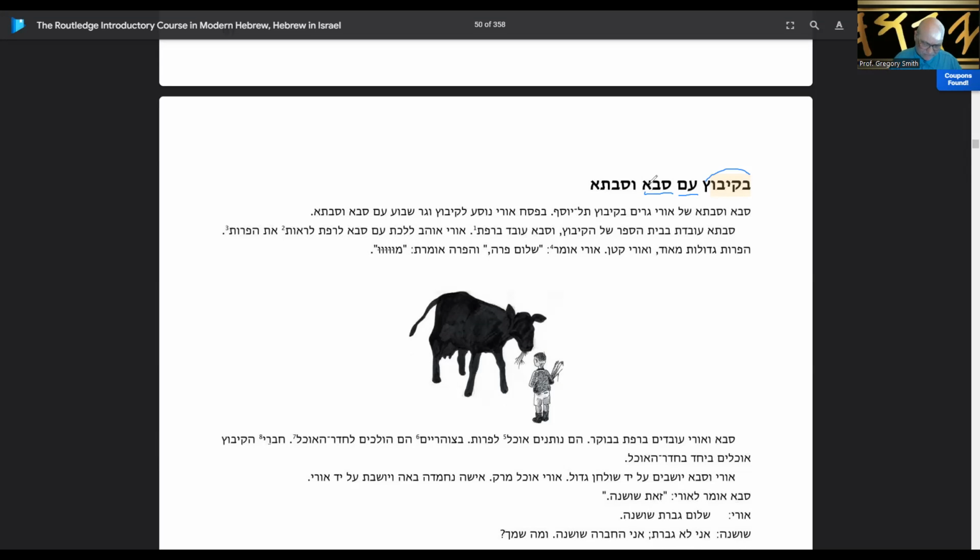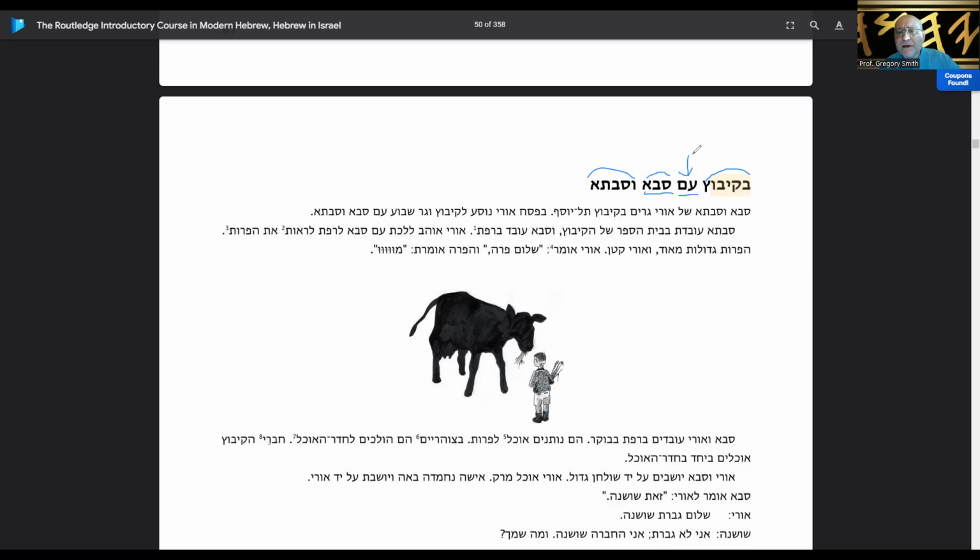Basavta. Yeah. Grandfather and grandmother, so grandparents. בקיבוץ עם סבה וסבתא. Vasabta. Okay, so this one is Vasabta, and grandmother. So Sava is grandfather and Vasabta is grandmother.